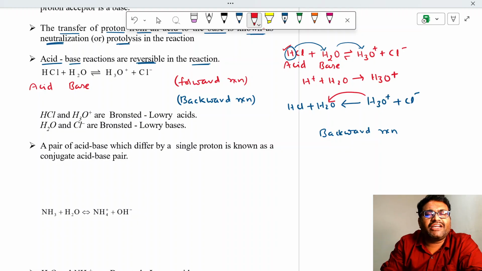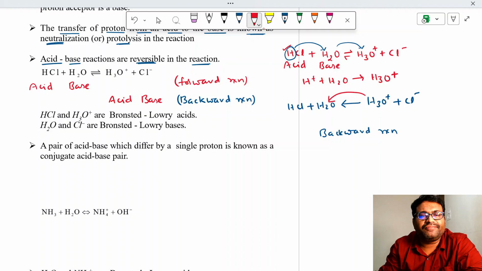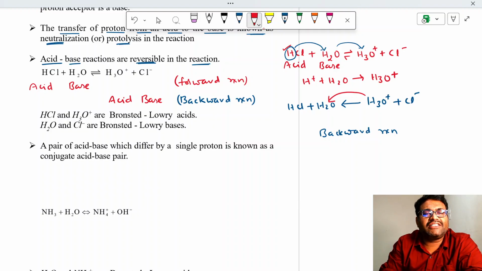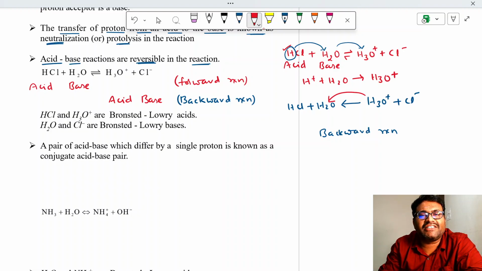That means in the backward direction, H3O plus is acting as acid, and Cl minus, as it is accepting a proton, is base. So we are seeing two acids and two bases. When considering the forward reaction, HCl is acid, H2O is base. When you consider the backward reaction, H3O plus is acid and Cl minus is base. Cl minus is accepting a proton from H3O plus.